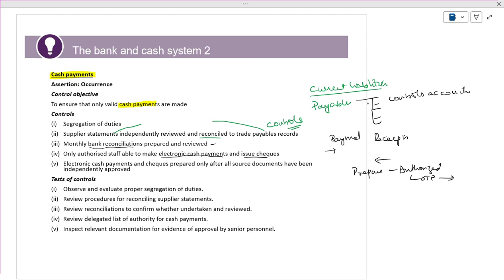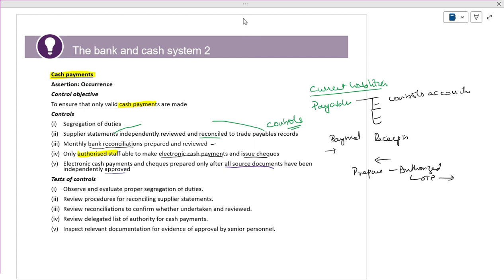It simply says that only authorized people are able to make the cash payments. It's a normal practice to define who is authorized to issue checks. Electronic cash payments are made only after all source documents have been independently checked.